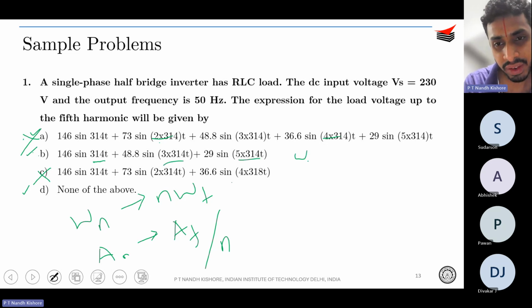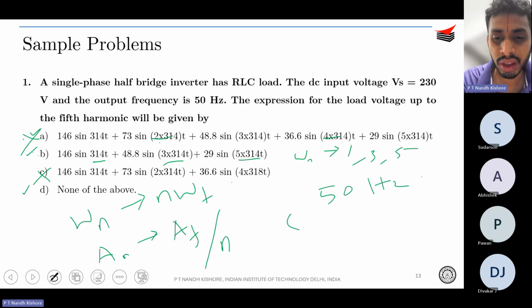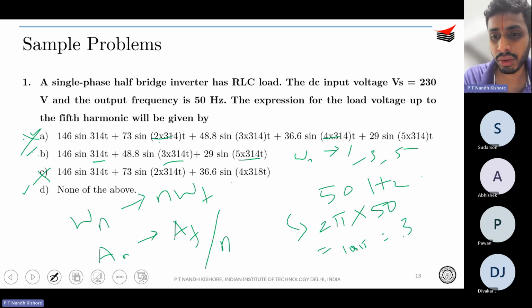That is omega n, where n is 1, 3, and 5. 314 is your fundamental, if you convert 50 hertz. Omega is 2 pi f, so 2 pi into 50, which is 100 pi or 100 into 3.14. So 314 radians per second.